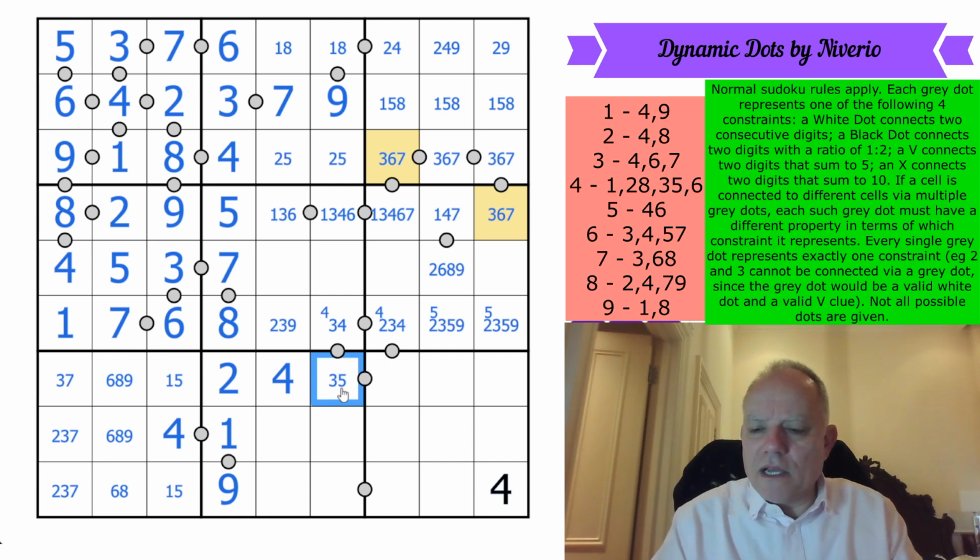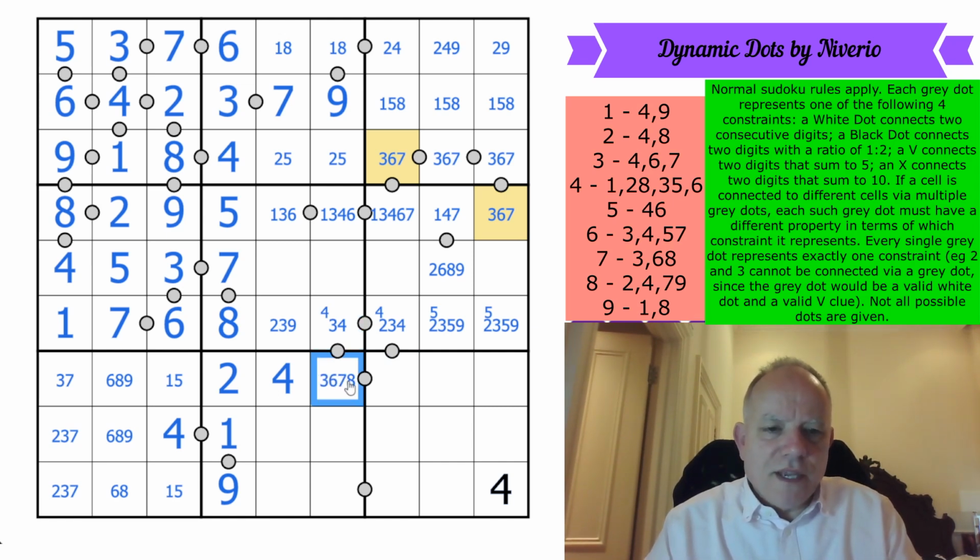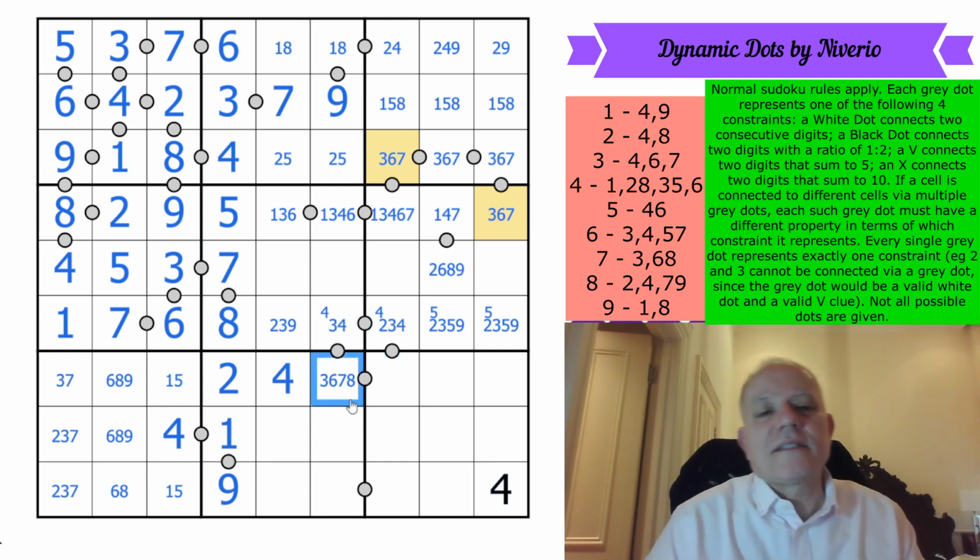This, by just Sudoku, well, it can't be 5 because that would be on a double dot. 3, 6, 7, or 8. I think it can't be 8 because that would be, well, maybe it can. 8 would need 7 or 9 here. 7 could connect to 3. 8, 4, 3, 7. It can be 8.